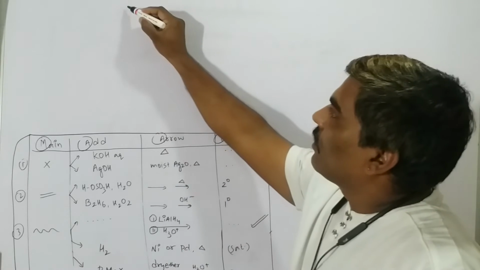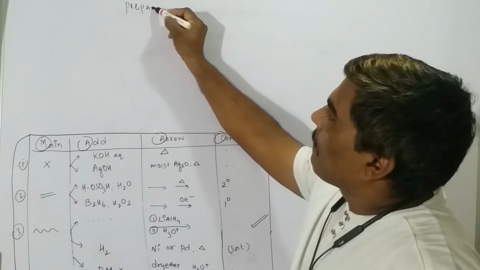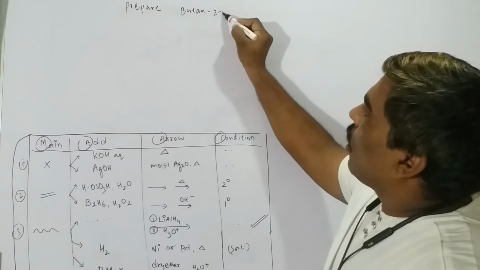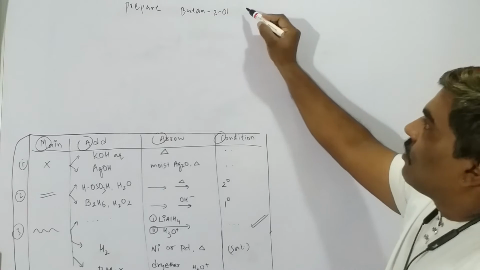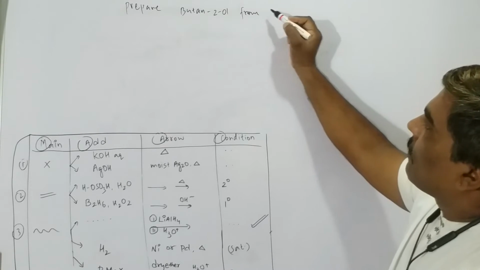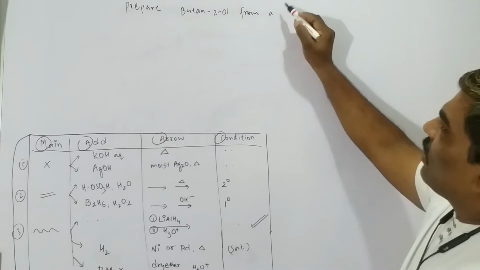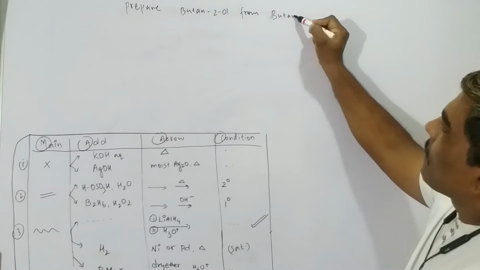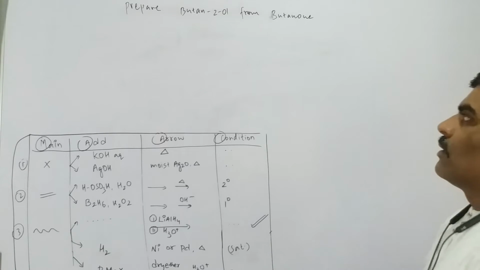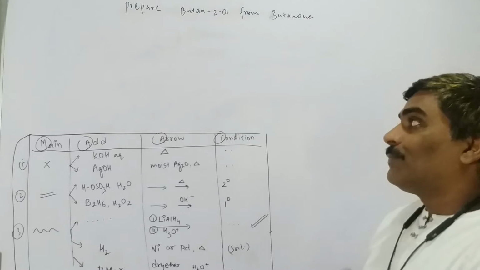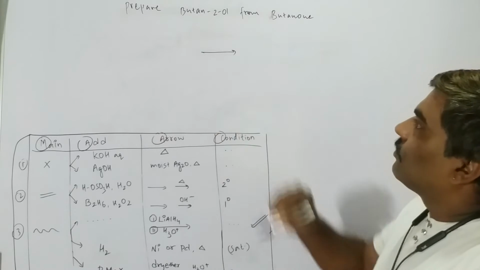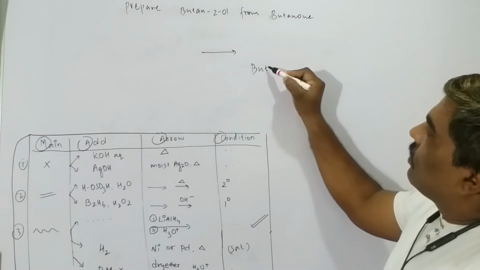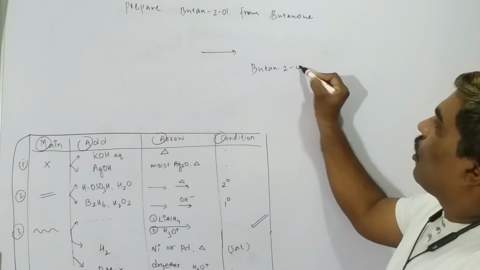Suppose now prepare butan-2-ol from a ketone, or say I'll go for from butanone. Okay, how to start this? First, arrow. This we want to prepare, butan-2-ol.